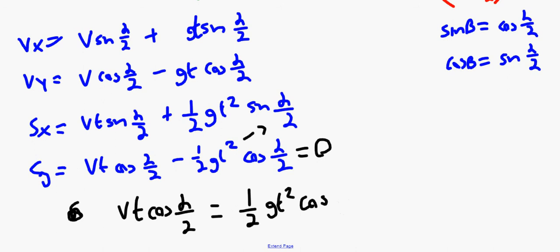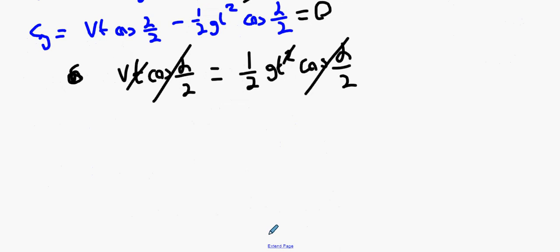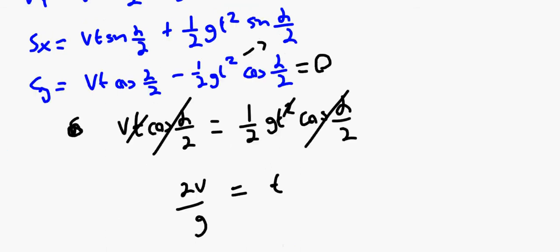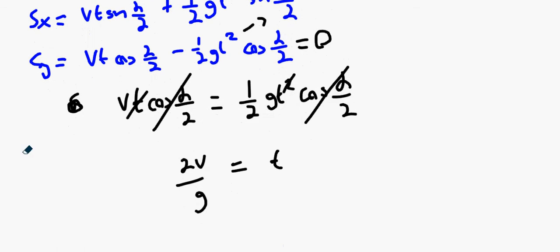Well, this is interesting because the two of them are going to cancel, and the t is going to cancel, and I'm going to get t equals 2v over g, which is interesting. Now, when I insert this time of flight into the Sx formula, I'll find the range.